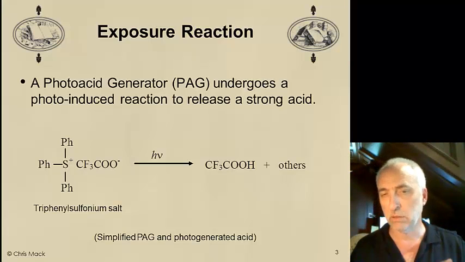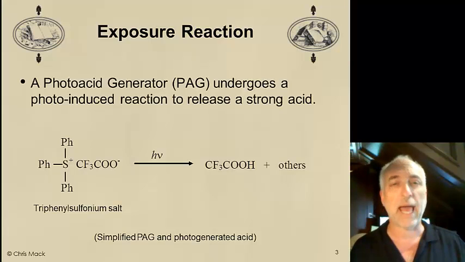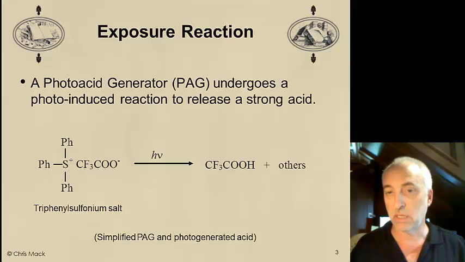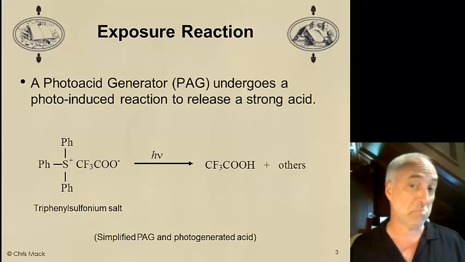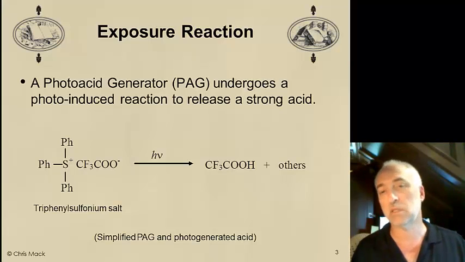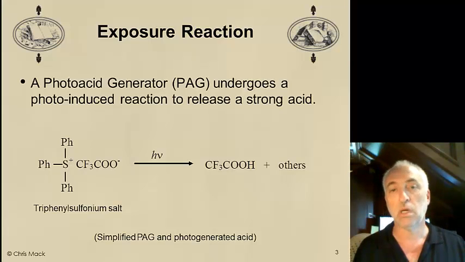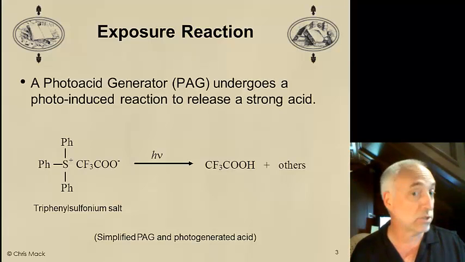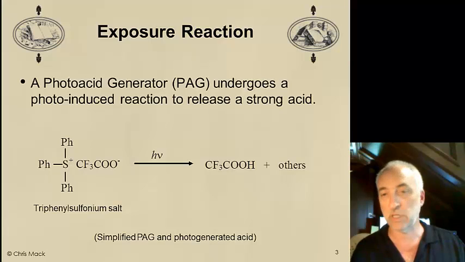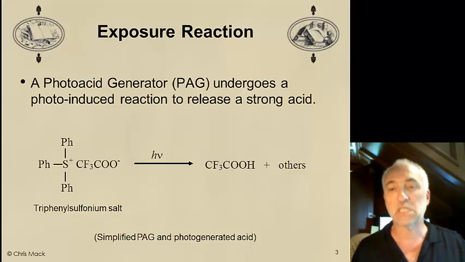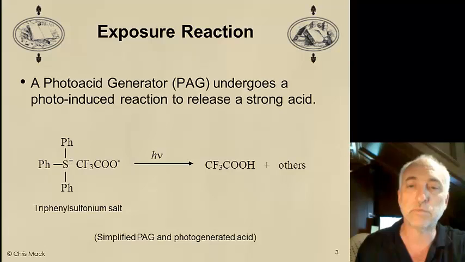Now, real PAGs are a little bit more complicated than this, and the acids that are generated are a little bit bigger. Triflic acid is a common example of an acid that gets generated upon exposure of one of these PAGs. But I'll use this simplified acid to show you a point here.